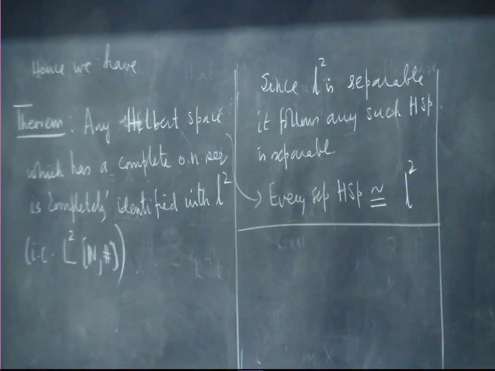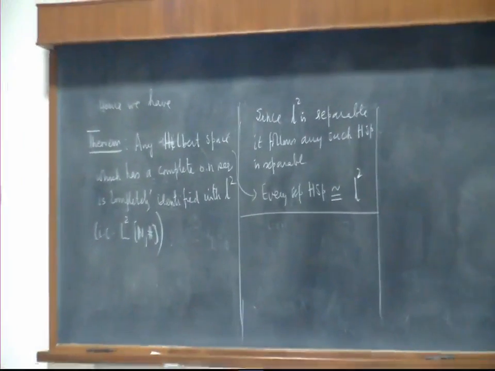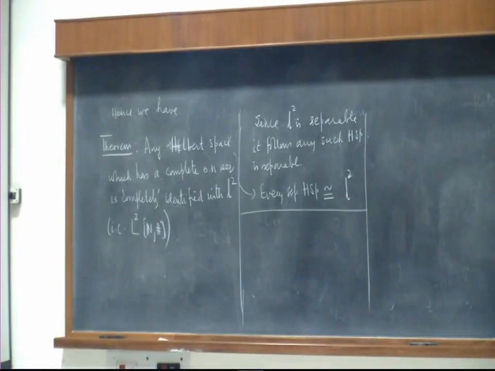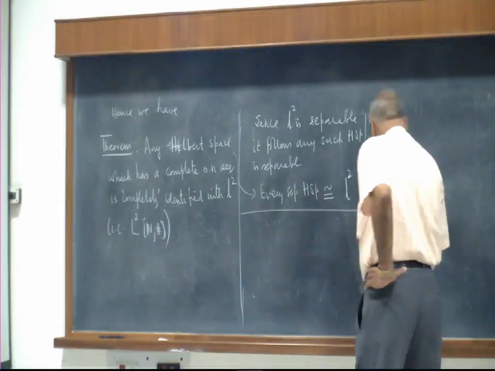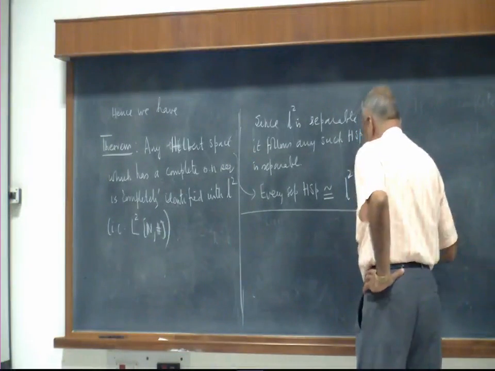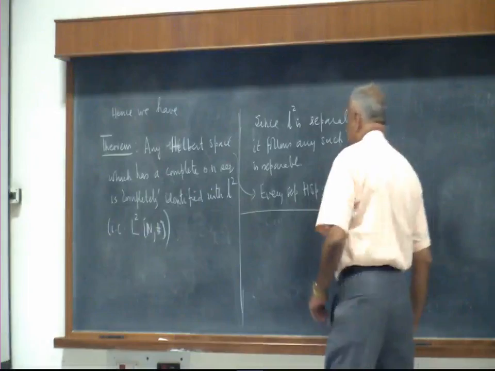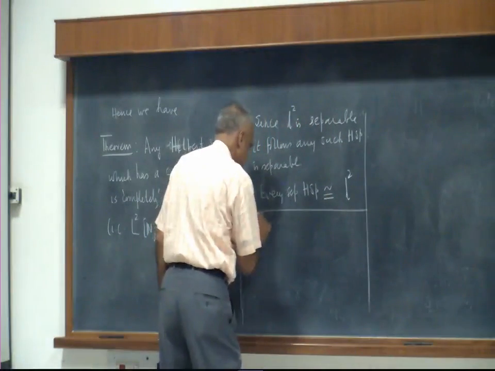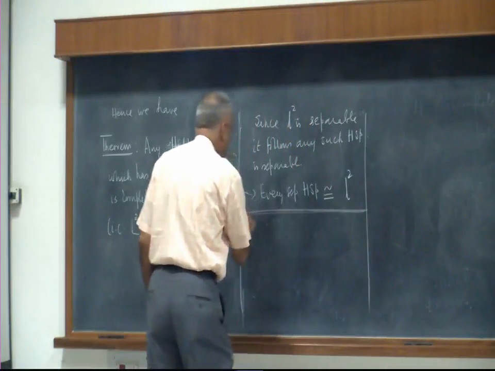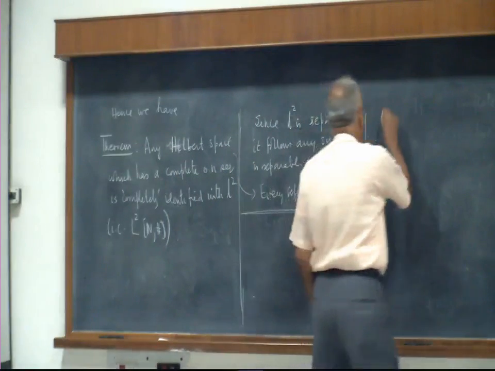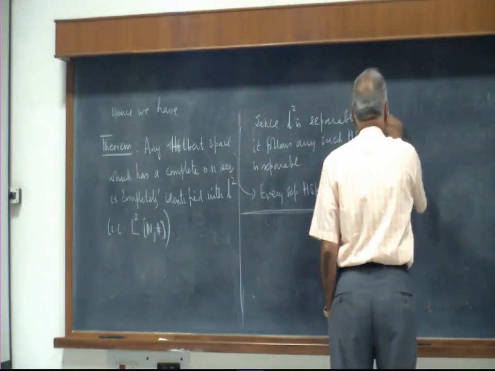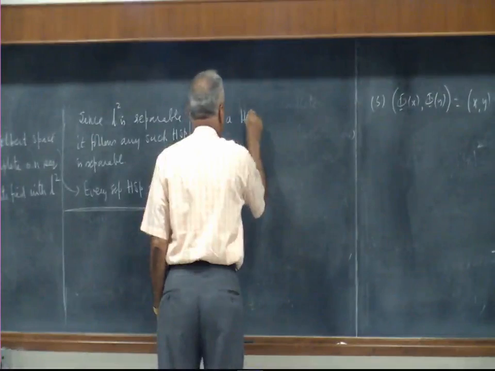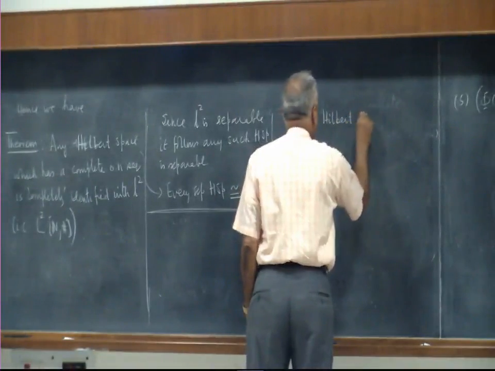So, a separable Hilbert space is something which has a complete orthonormal sequence. Okay. Now, there is a slight technical point, both ways I have to show, but it is trivial. Anyway, let us now look at a Hilbert space generally. Let us not even bother about separability.